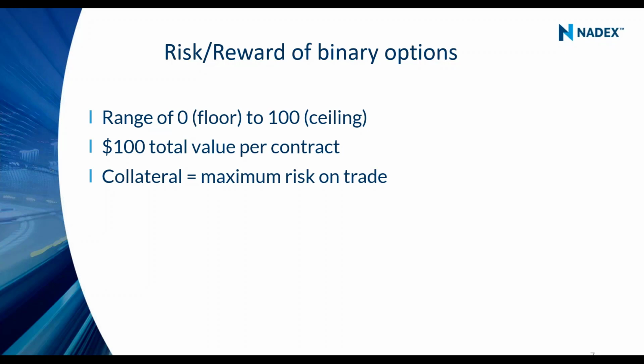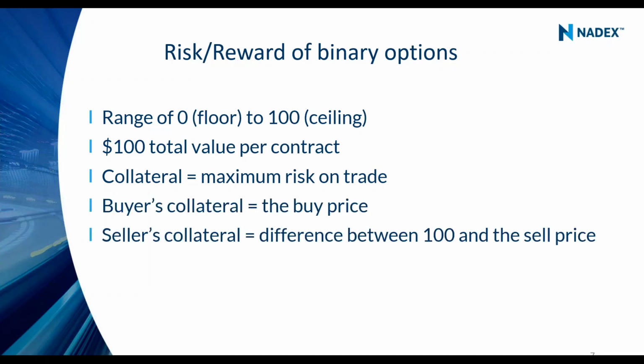Now, what do you have to put up? What is your risk? What is the collateral that you put up if you're going to do a trade? And by the way, you can both buy or sell these. If I think it's going to be true, I buy it. If I think it's going to be false, I can sell it. Now, when you do that, let's take a look at what you're risking.